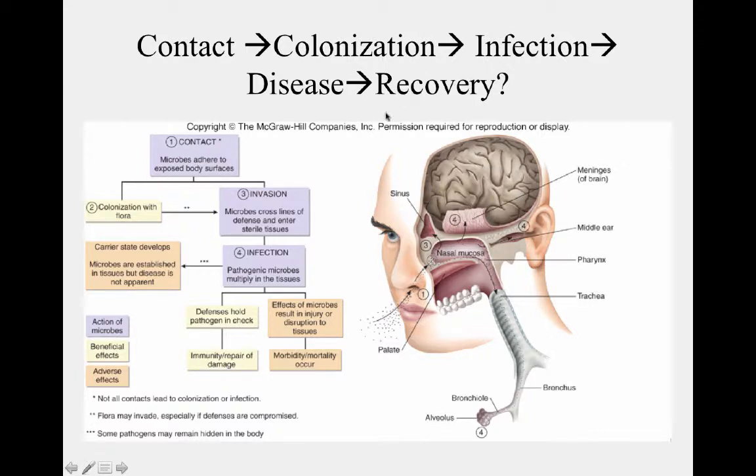And then how does the native immune system respond? So there are beneficial effects here where the immune system could repair the damage, or we could have a state where the effects of the microbes result in injury, disruption to tissues, and potential mortality. So I'm going to talk about all the details with regards to every one of these steps along the way.